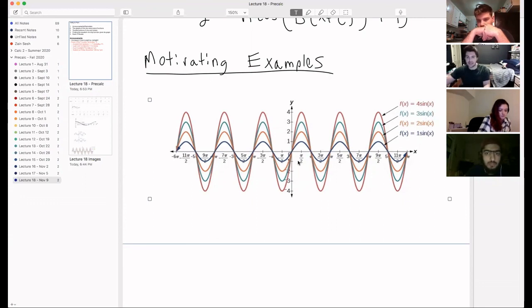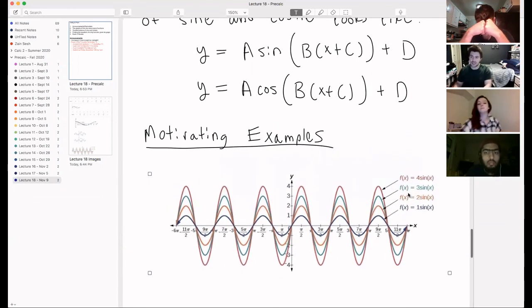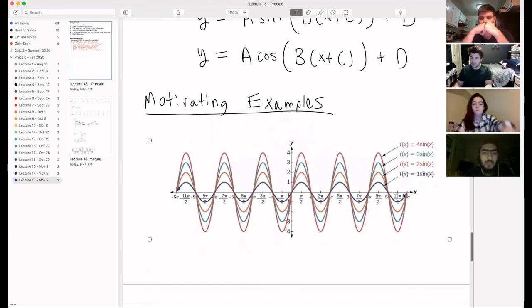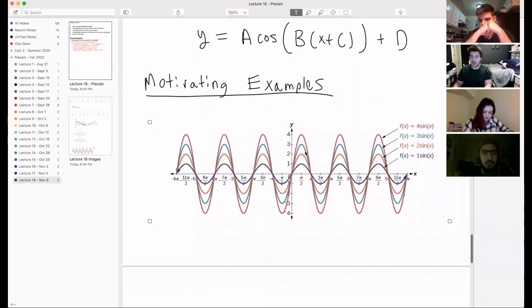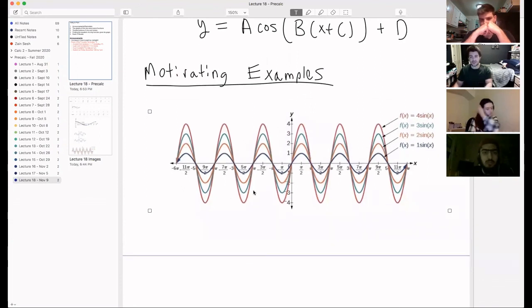The effect of changing this number, 1, 2, 3, and 4, is that the graph is going to stretch, because remember, when you multiply the outside of a function by a number, that's a vertical stretch. So all we're doing here is vertically stretching the sine function. I also want to show you guys another connection.